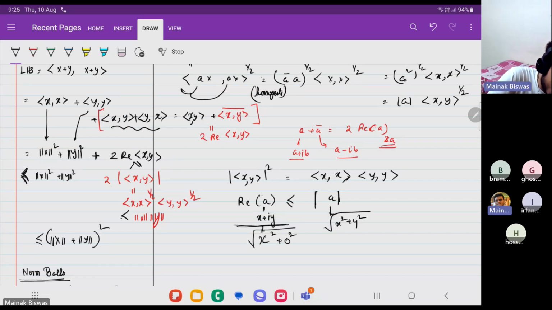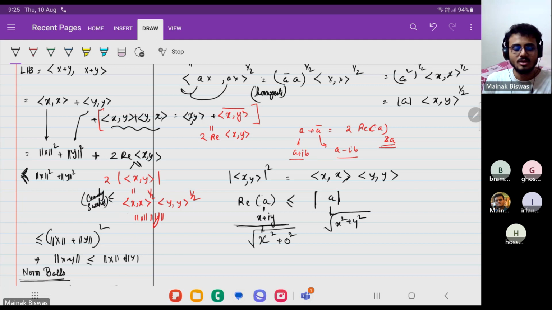So I'm going to use the Cauchy-Schwarz inequality here. Good. So I'll be left with the norm of x plus y. The norm of the sum of two vectors is less than or equal to the sum of the individual norms. Understood?